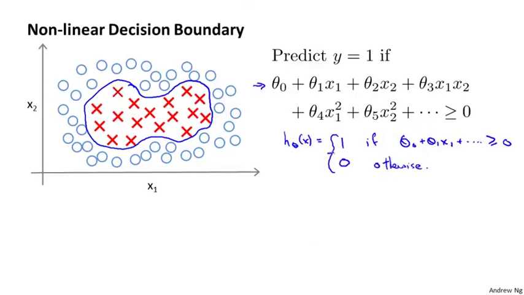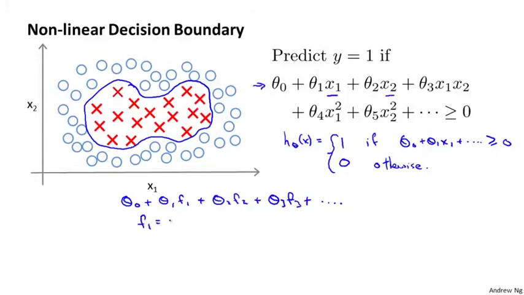And another way of writing this, to introduce a little bit of new notation that I'll use later, is that we can think of a hypothesis as computing a decision boundary using theta 0 plus theta 1 f1 plus theta 2 f2 plus theta 3 f3 plus and so on, where I'm going to use this new notation f1, f2, f3 and so on to denote these new features that I'm computing.